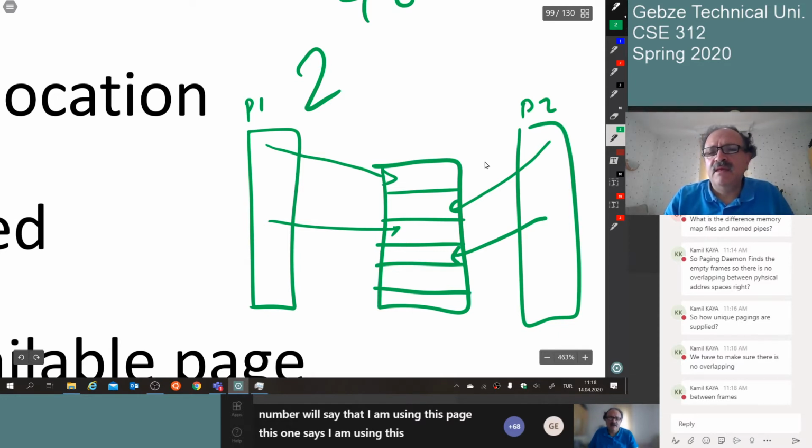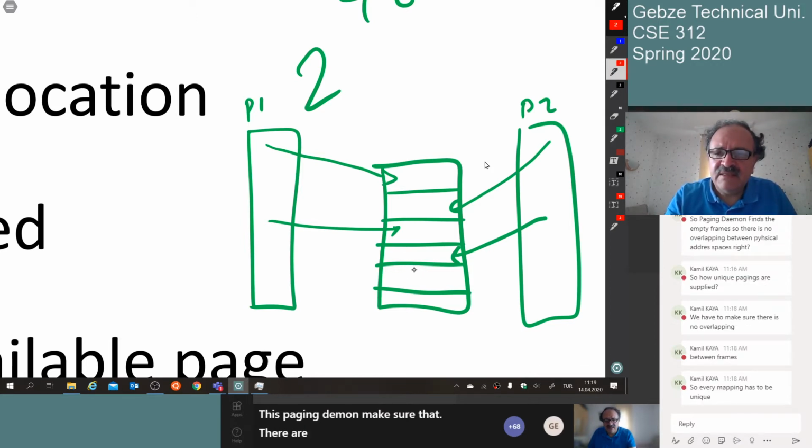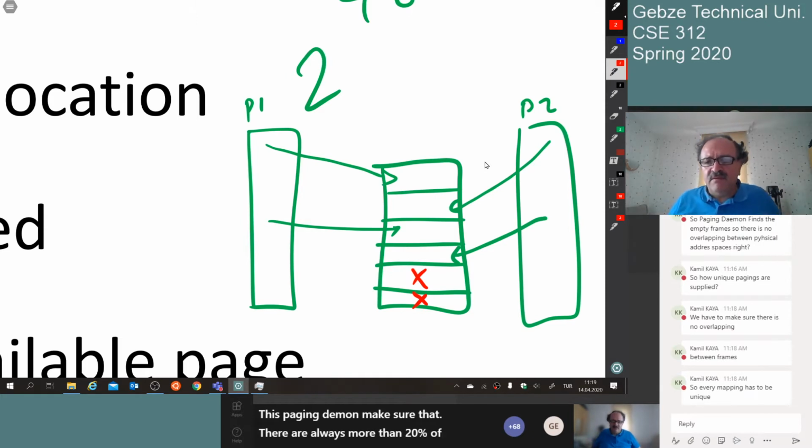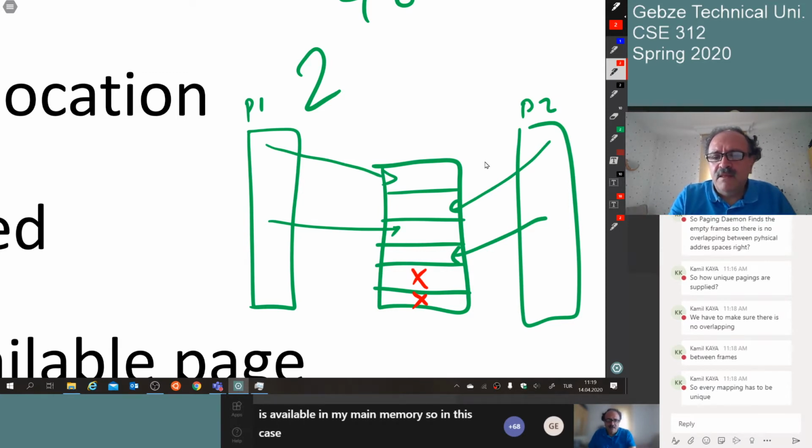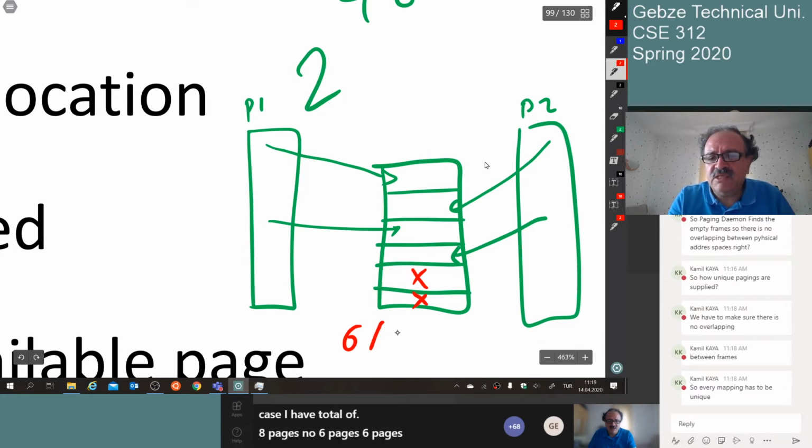The paging daemon makes sure that there are always more than 20% of the pages available in main memory. In this case, I have a total of 6 pages, and 2 are available. 2 over 6 is a good number.